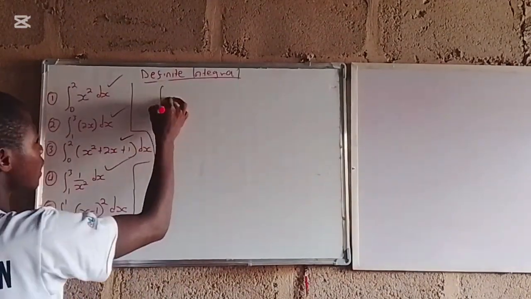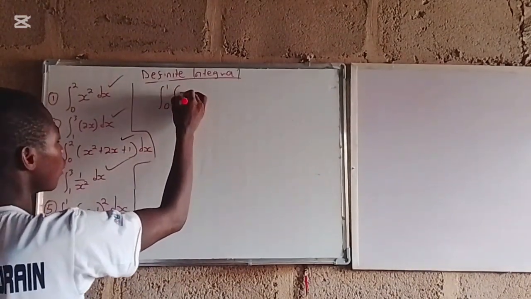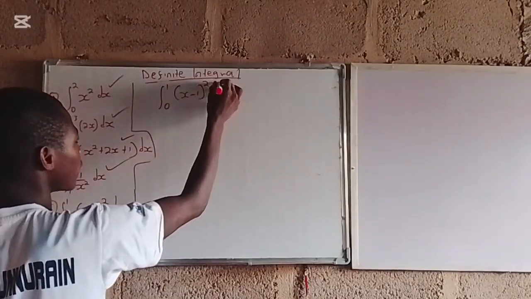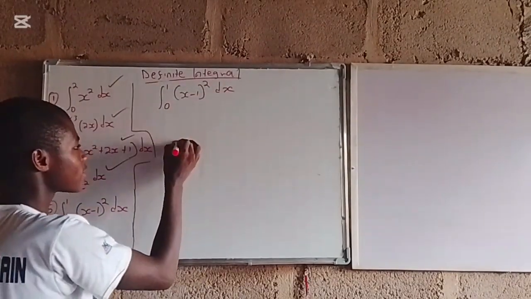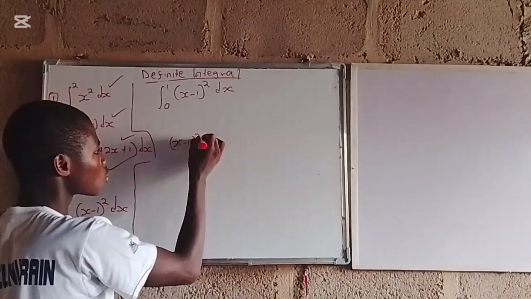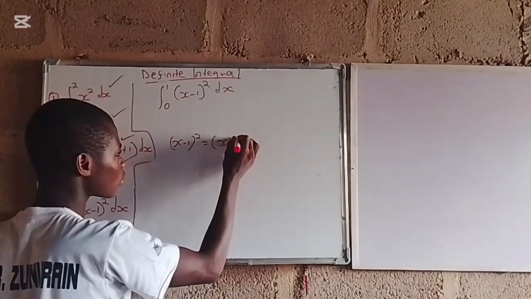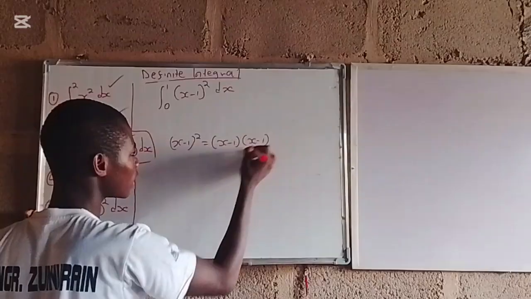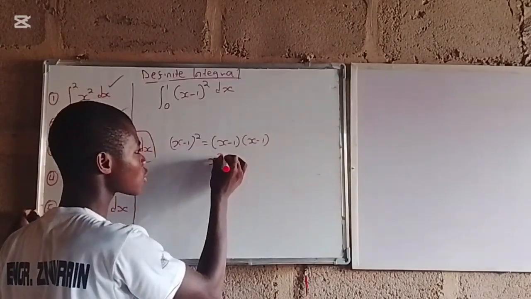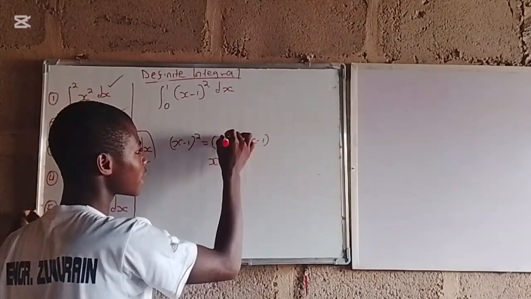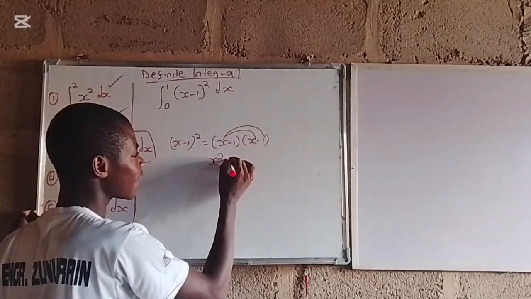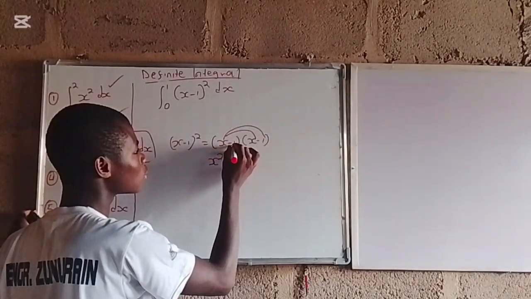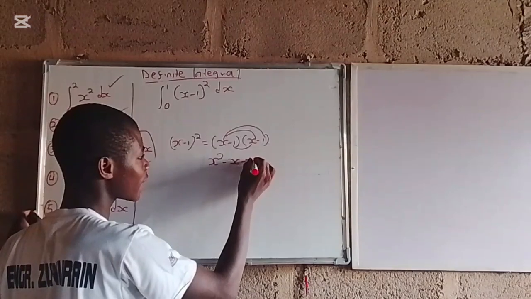So the next question says the integral from 0 to 1 of x minus 1 squared dx. I have to first simplify this. x minus 1 squared is the same thing as x minus 1 times x minus 1. x times x gives me x squared. x times 1 is negative x, and negative 1 times x, I'll have negative x.